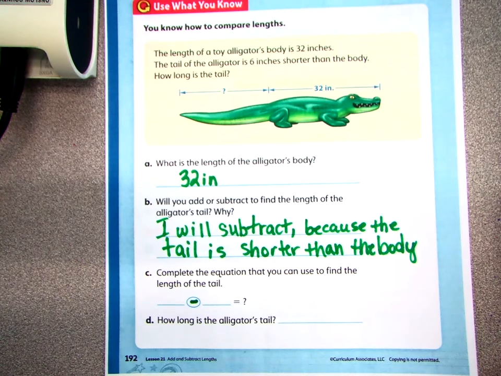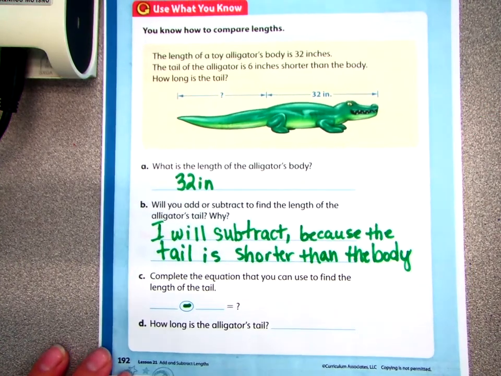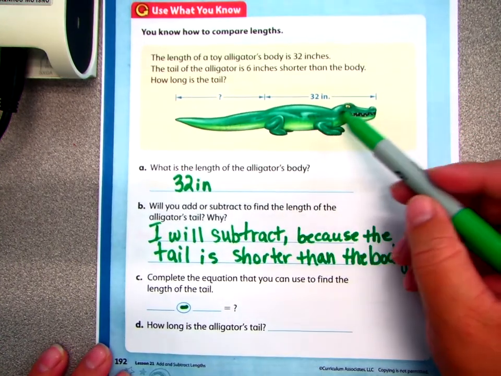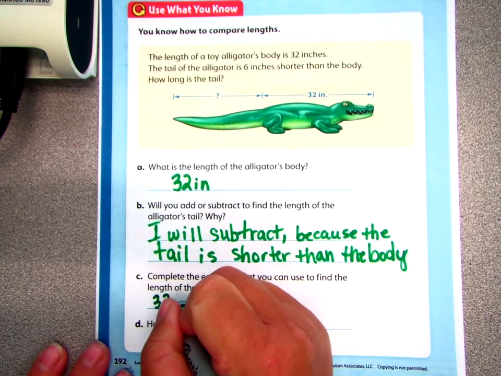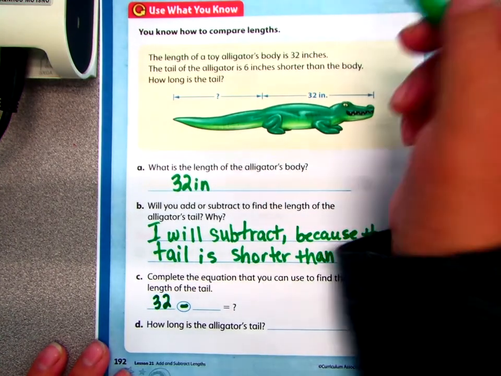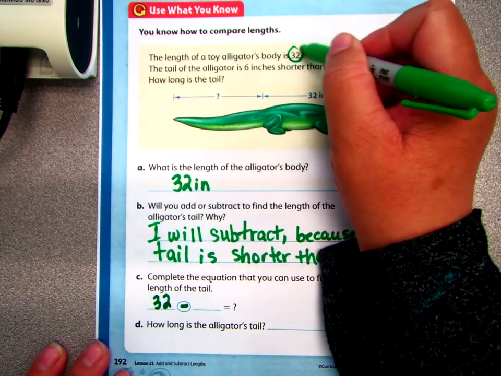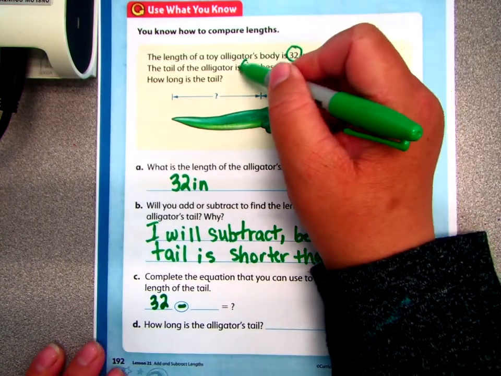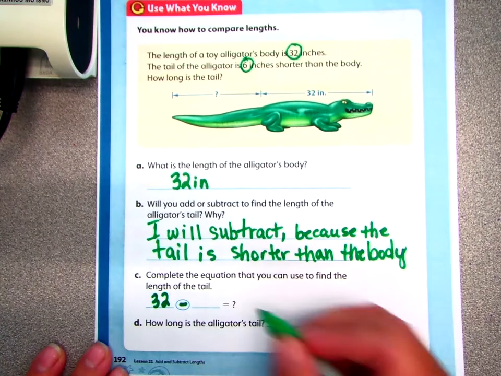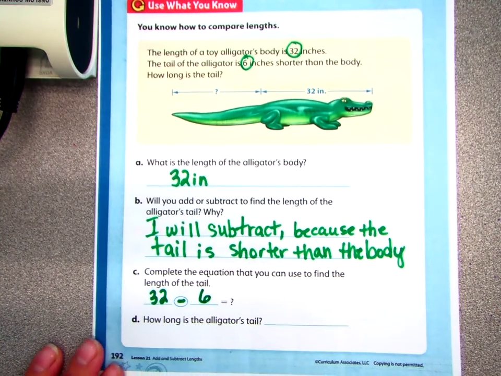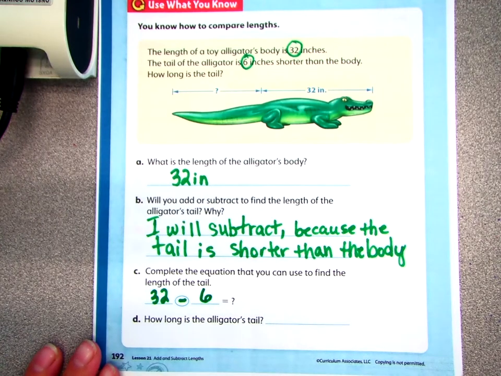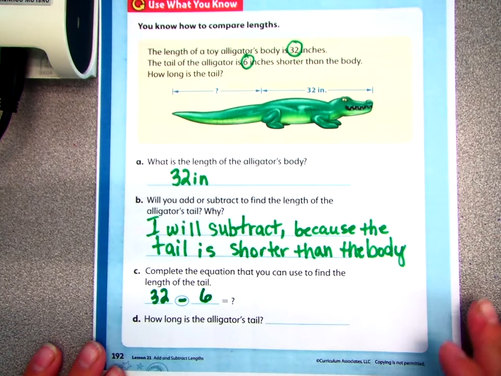So our larger number in this case, it already said that the body was larger, so that would be the 32. And what other number did we have in this problem? We got 32, and we got 6. So we'll use that 6 to subtract. So we've got 32 minus 6.